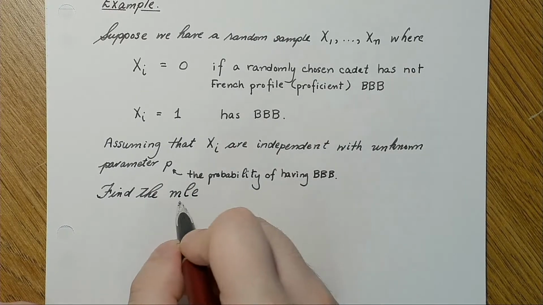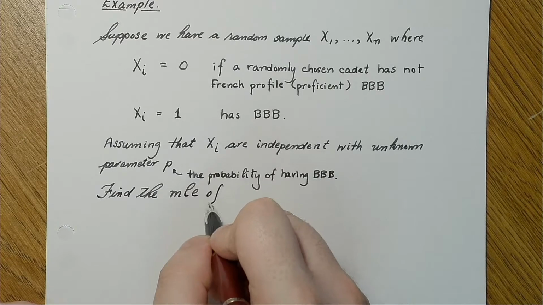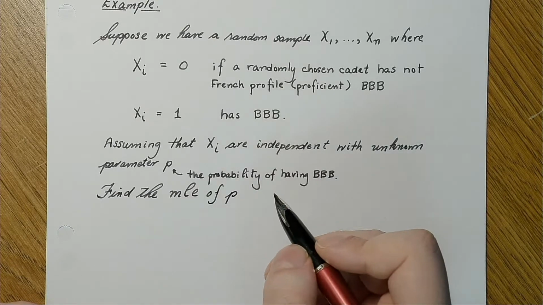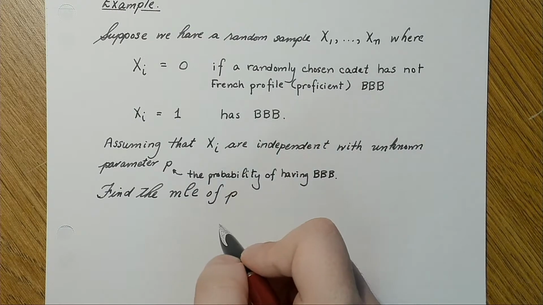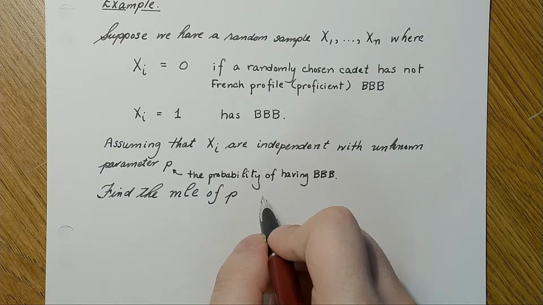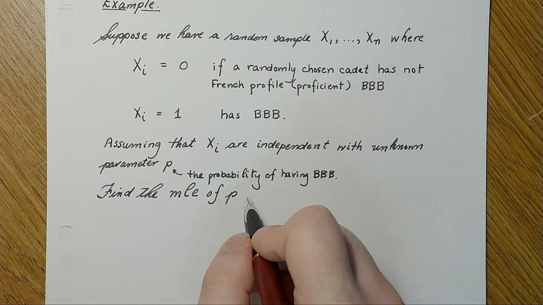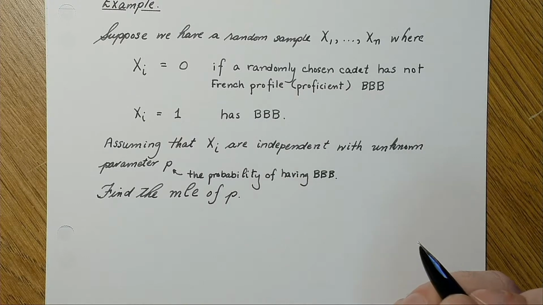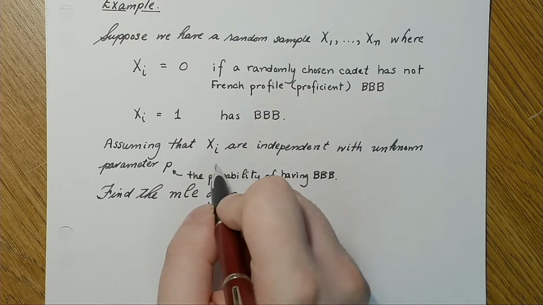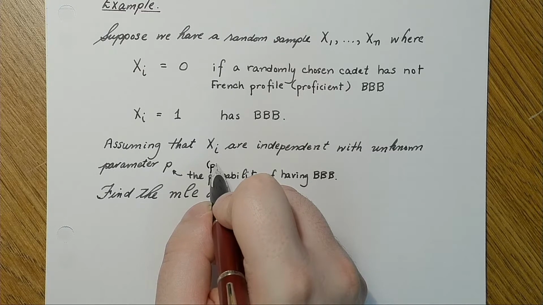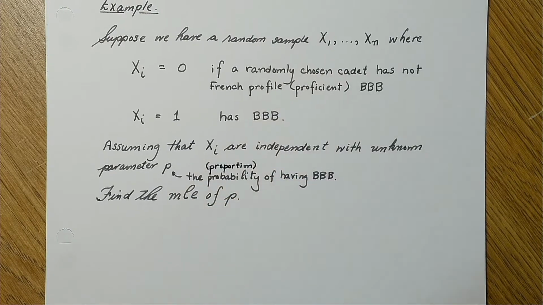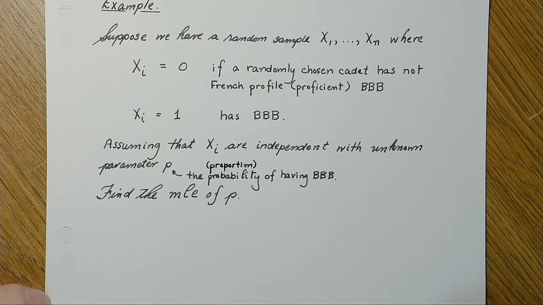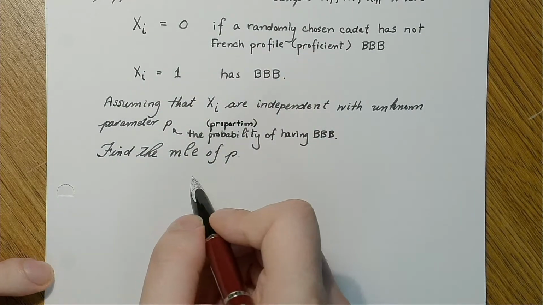So find the maximum likelihood estimator of p. Now, some people could say the probability, or some people would say proportion. Okay, so we're asked to find the MLE of p.